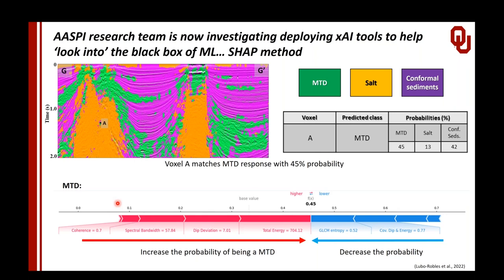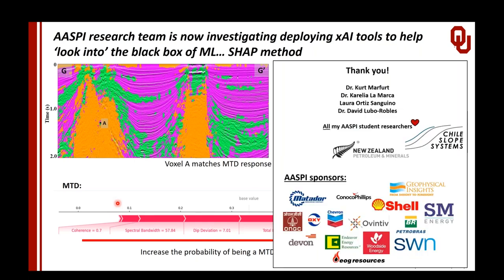But what this allows us to do is look at the model after it's been classified and then understand, okay, well, if this is salt, so that orange color is salt, what attributes are telling the algorithm that it's salt? Or if this is a mass transport deposit, which different attributes are telling it that's a mass transport deposit?